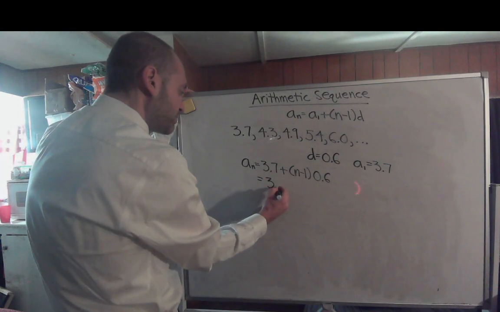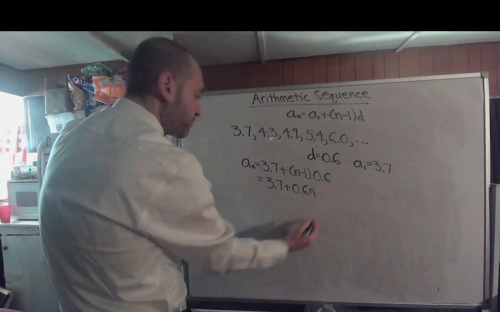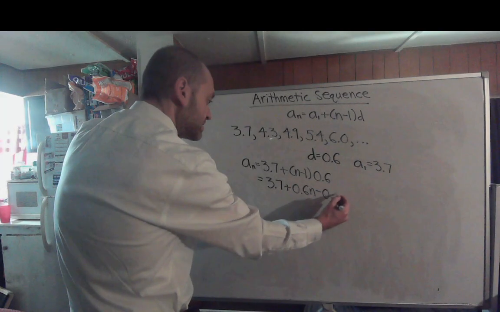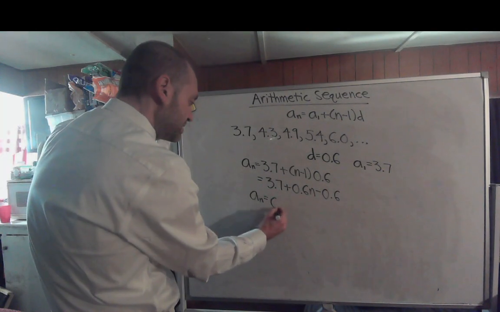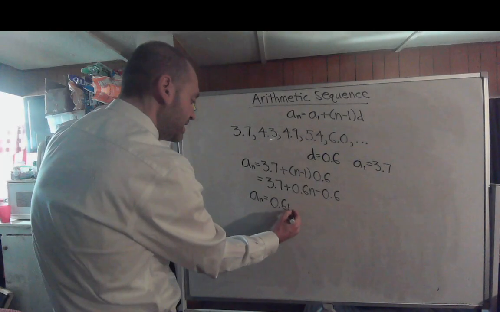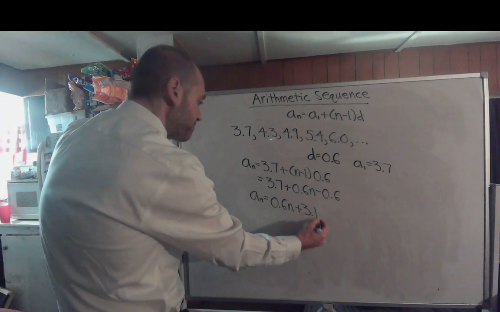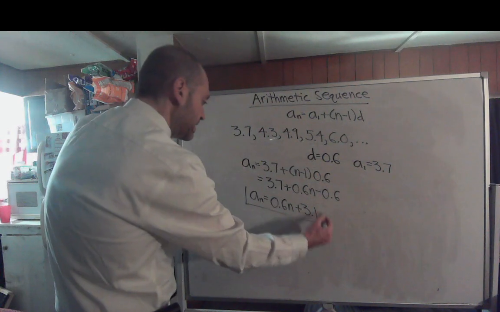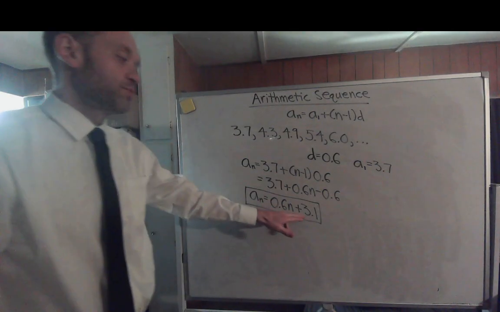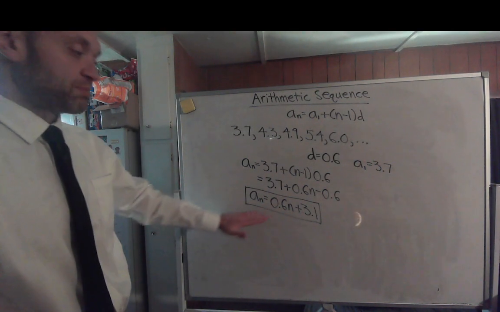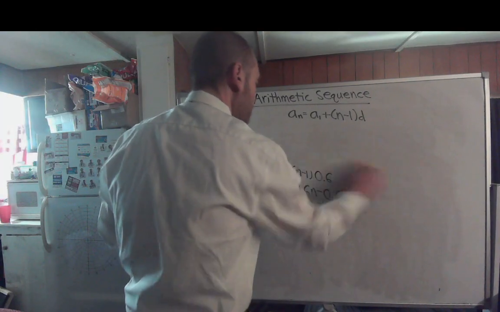So this will turn into 3.7 plus 0.6n minus 0.6, which in simplified form would be 0.6n plus 3.1. So we end up getting that a sub n equals 0.6n plus 3.1 for the explicit formula for this arithmetic sequence.